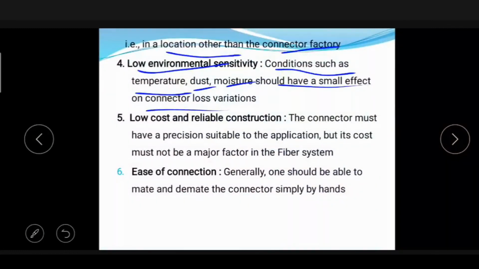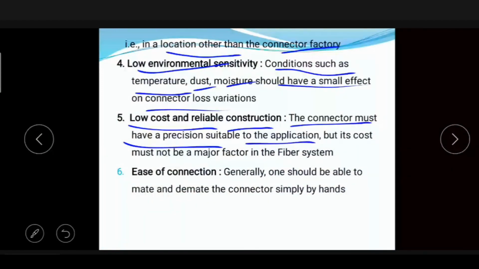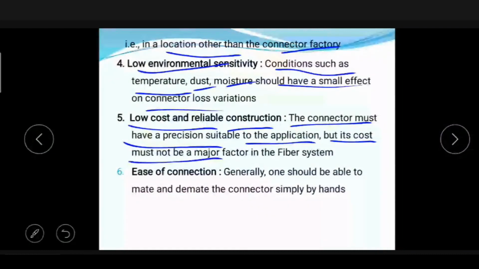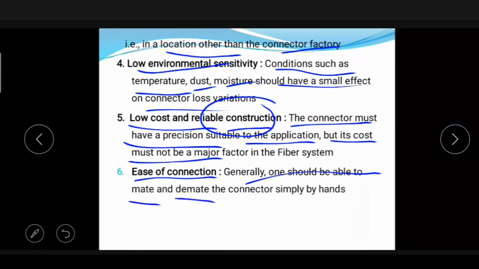Then low cost and reliable construction. The connector must have a precision suitable to the application, but its cost must not be a major factor. So cost should be less and it should be reliable. Then ease of connection. Generally one should be able to mate and demate the connector simply by hand.